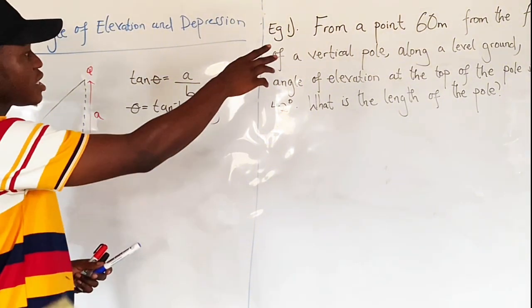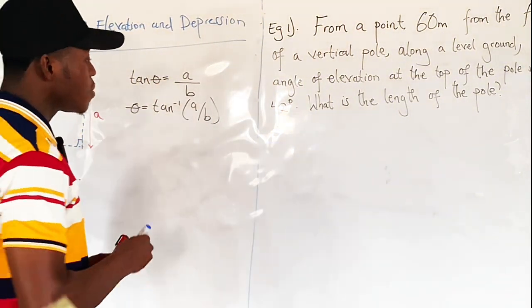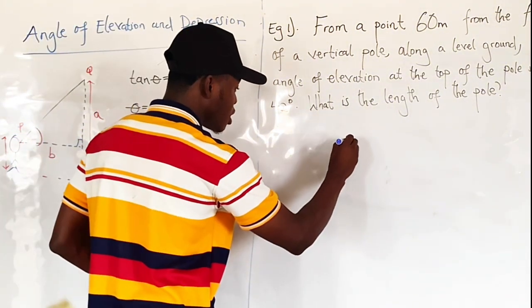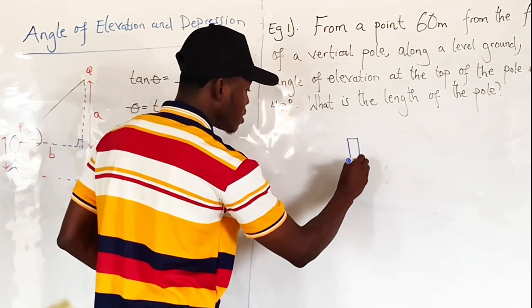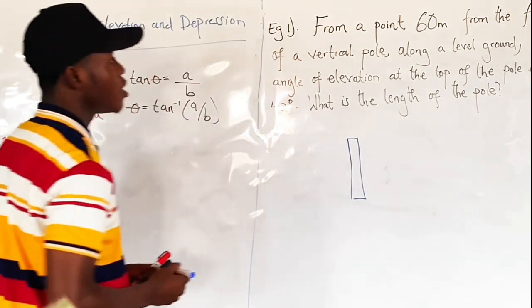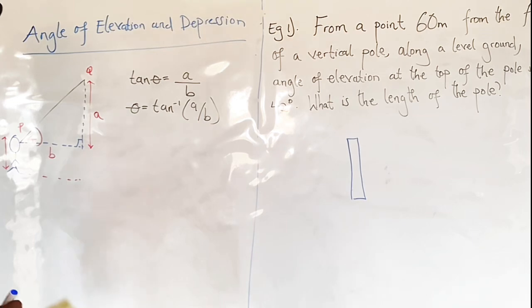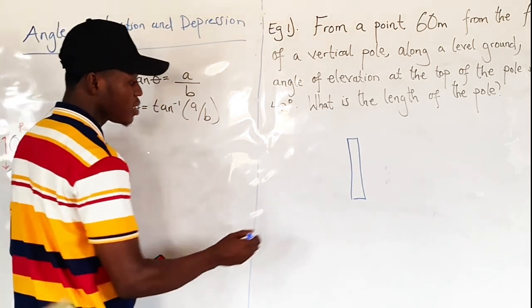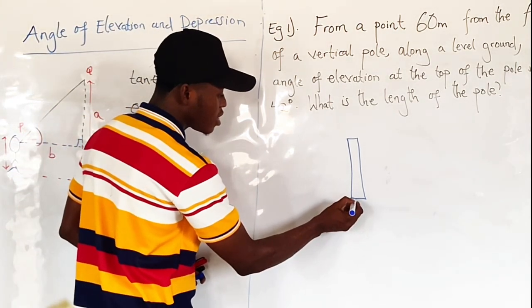From a point 60 meters from the foot of a vertical pole, I'll first draw the vertical pole like this. Here becomes the vertical pole. And then from a point 60 meters from the foot, this is the foot of the vertical pole.